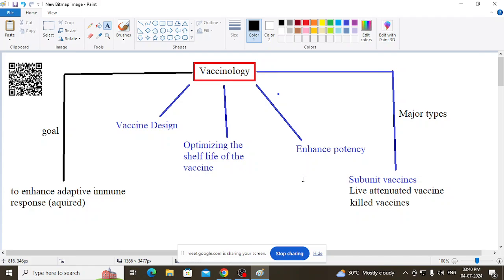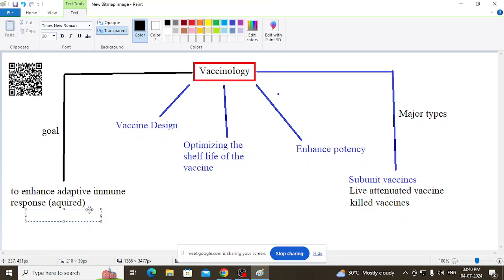Often, by and large, this is very interesting, this is mainly given to vertebrate animals. You cannot give a vaccine to invertebrate animals. Okay, this is important.